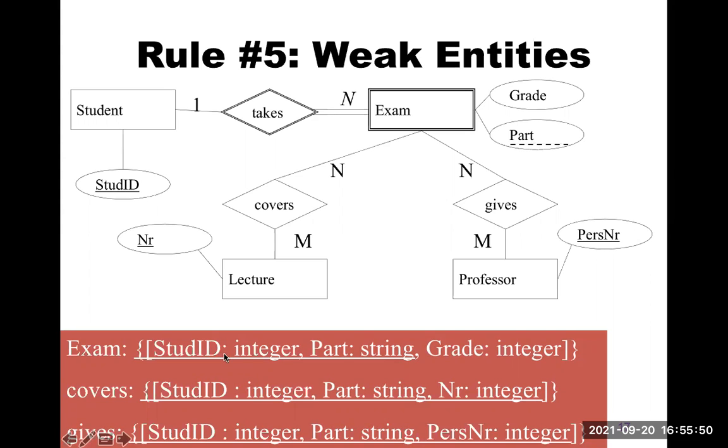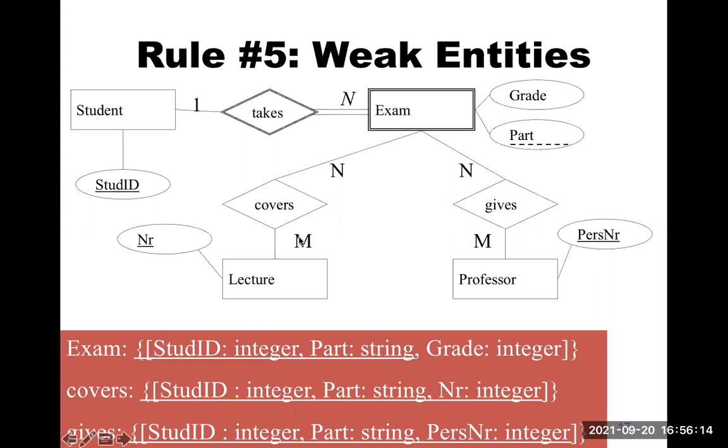That's a key. And exam together with the takes relationship is merged in a single table. And then covers: lectures covered by exam. Multiple lectures may be covered by different exam instances by different students, and some exams are for different lectures.